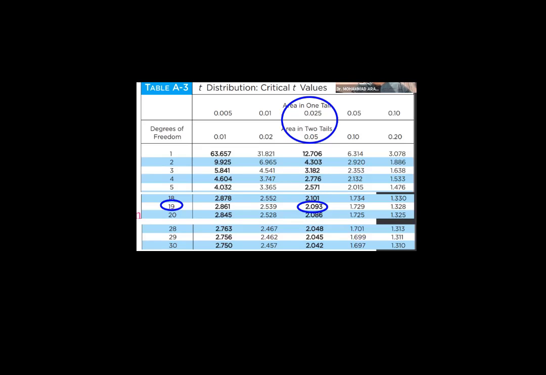When you put the two together, you come up with this answer. And because it's a confidence interval, you have two values, plus minus 2.093. That's how you read the table.